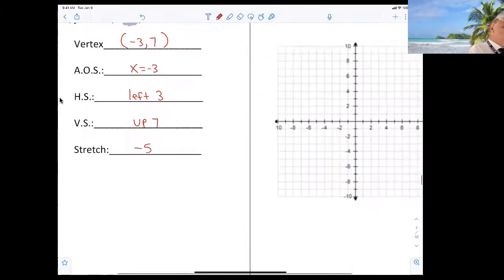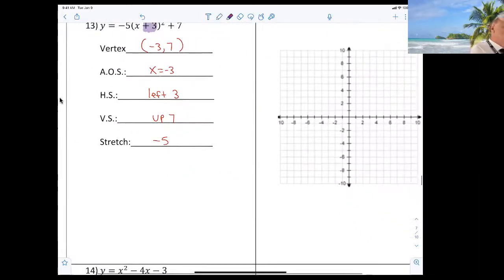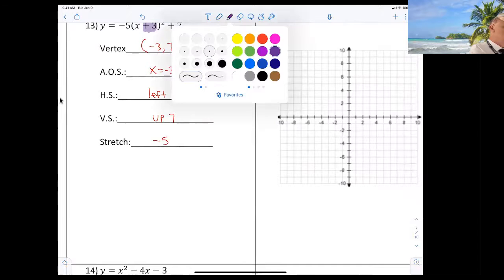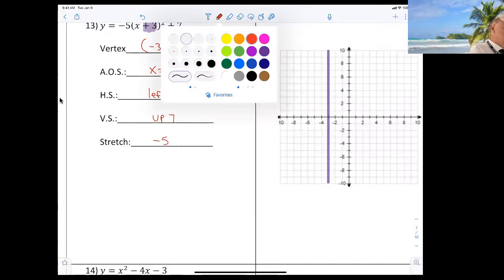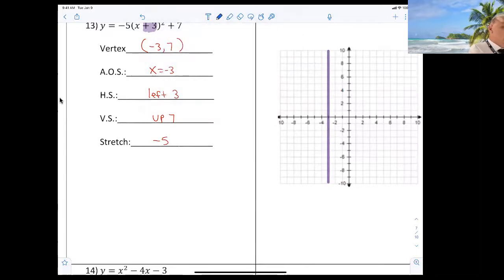All right, so now everybody's going to graph the axis of symmetry. X equals -3. -3, 7.